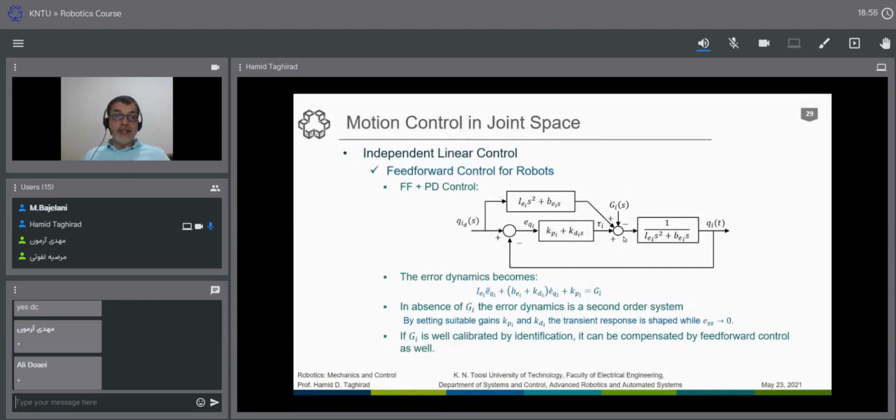Of course, feed forward is not that accurate because we are not using feedback. We are just using the a priori knowledge of the system, not the real-time knowledge that we can get from the feedback structure.